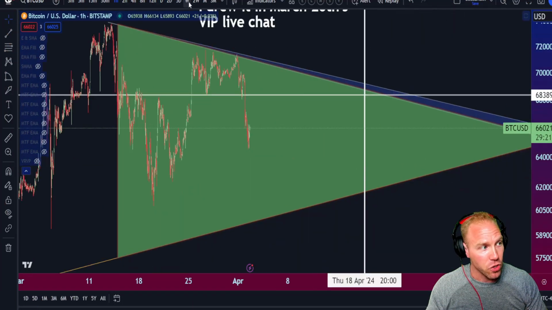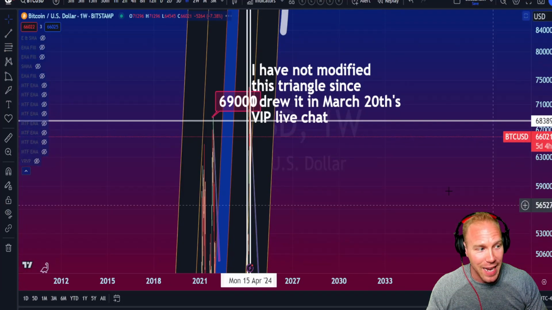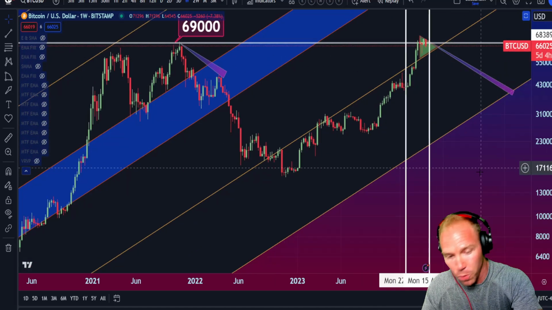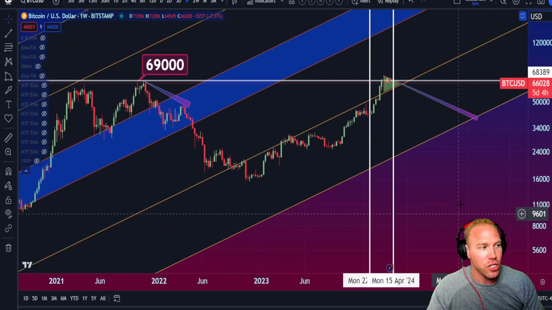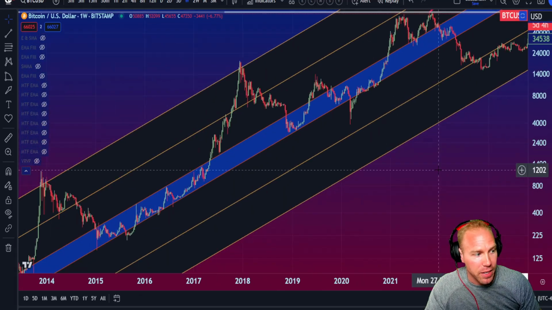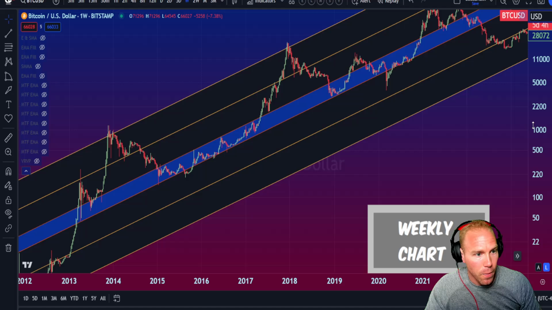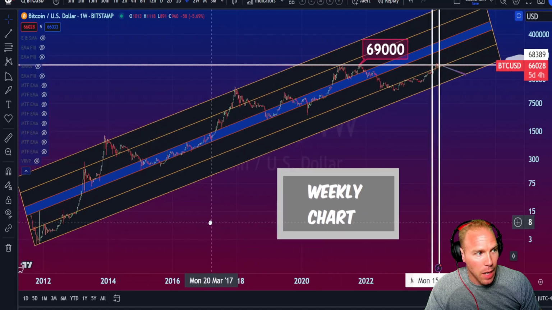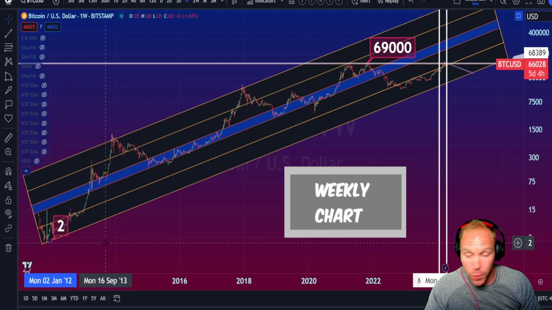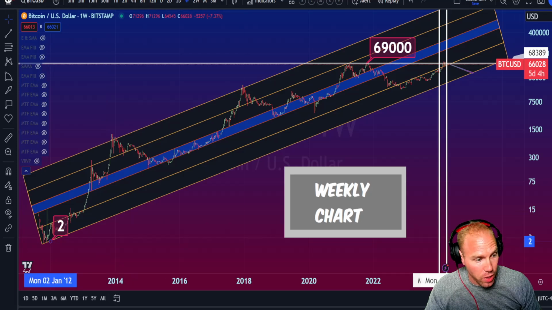All right, so I'm going to zoom out just a little bit, and here is what is at stake. It's a lot. Okay, so this is what I call my super macro mega channel line, or channel of Bitcoin. Covers all of Bitcoin price history. I'm on the weekly chart. Goes back to when Bitcoin was about $1. So see how this says $2 right here?